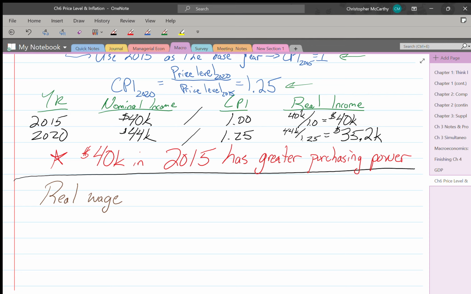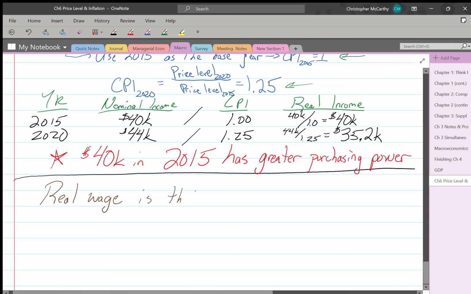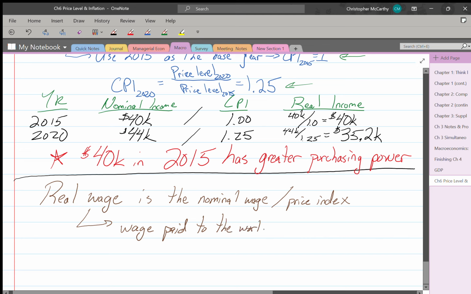But our real wage is the nominal wage divided by the price index, and so it's the wage paid to the worker in terms of, here's again that word, purchasing power.